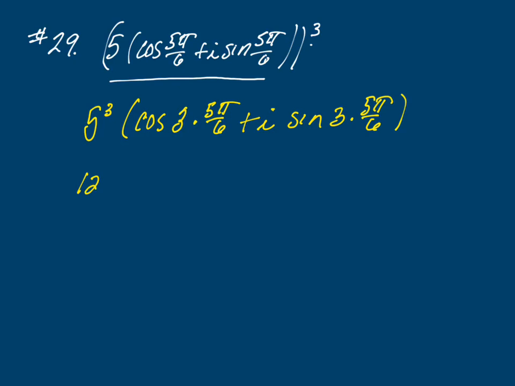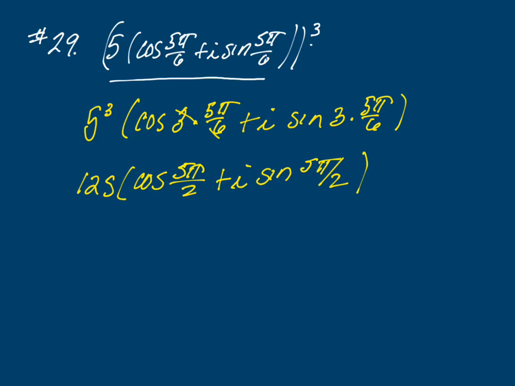So you get 125 times, let's divide by 3, so cosine of 5 pi over 2 plus i sine of 5 pi over 2. Okay, and cosine of 5 pi over 2, pi over 2, 2 pi over 2, 3 pi over 2, 4 pi over 2 is 2 pi.